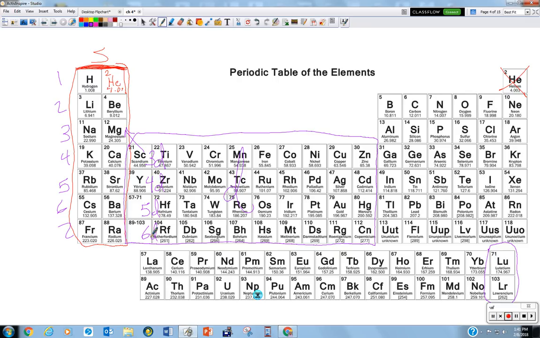The same thing happens here on this section. Let me get a pen. This section down here is called the F block.